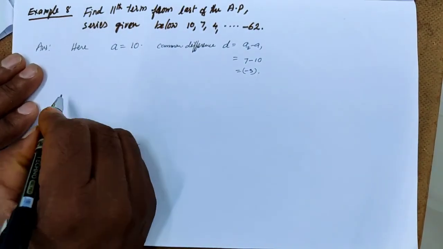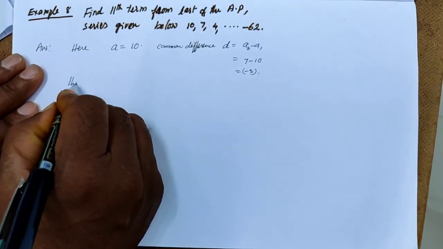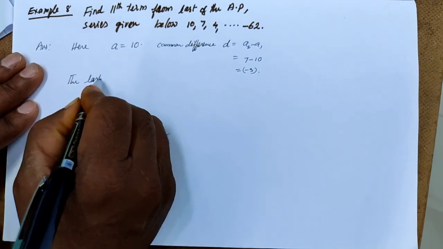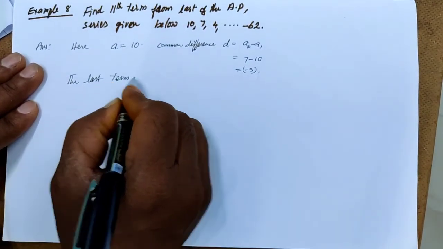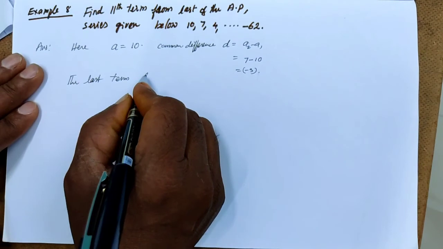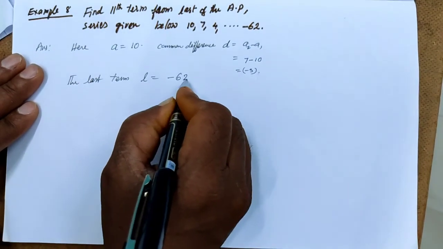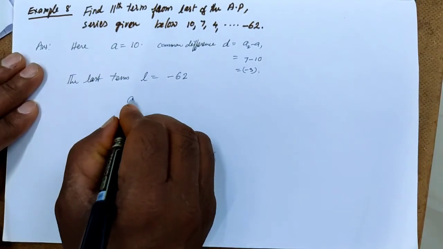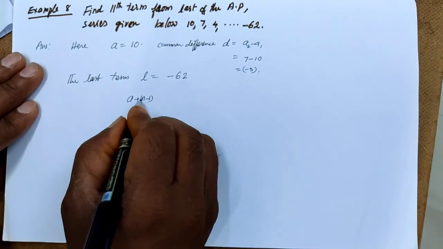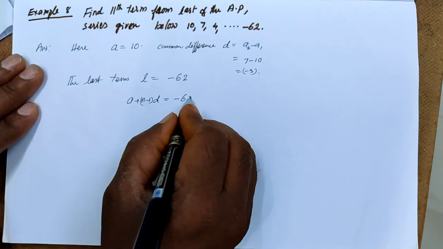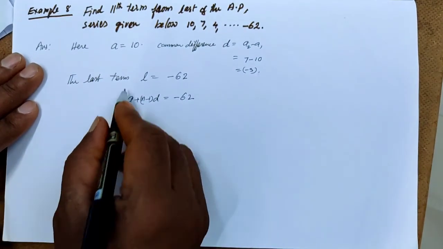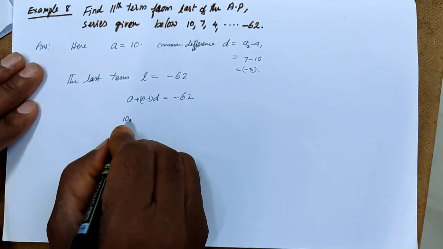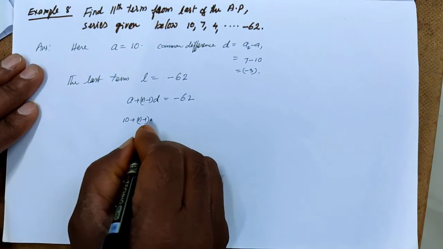So the last term L is equal to minus 62. L can be written as a plus n minus 1 into d, which is equal to minus 62. Now a here is 10, plus n minus 1 into d.